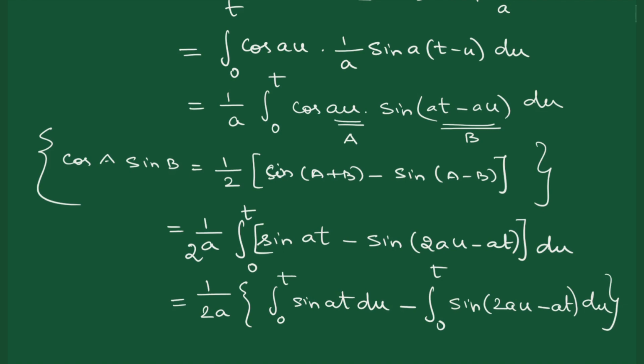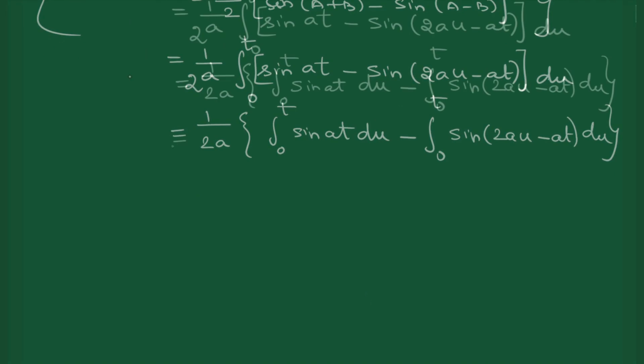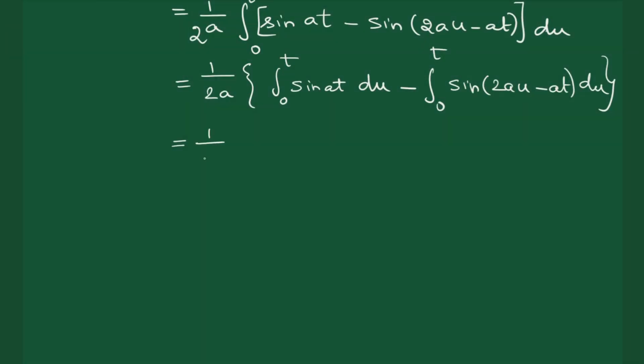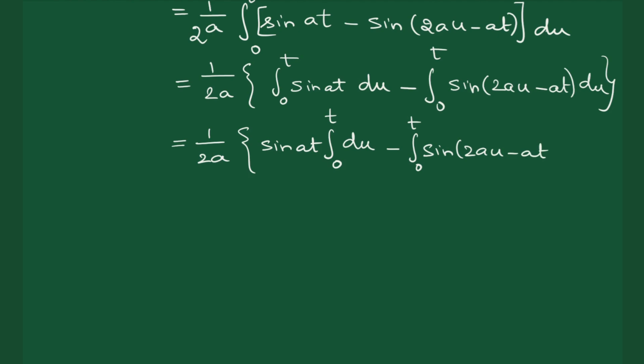In this integration, sin at is considered as a constant because the derivative is with respect to u. So we can write it as sin at integral 0 to t du minus integral 0 to t sin of (2au minus at) du.